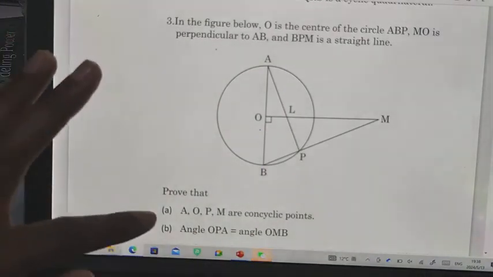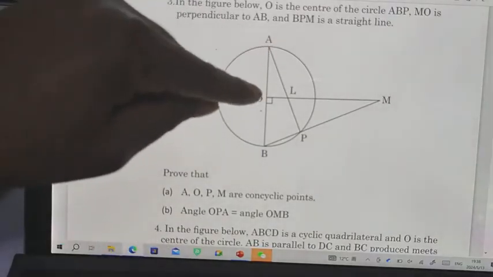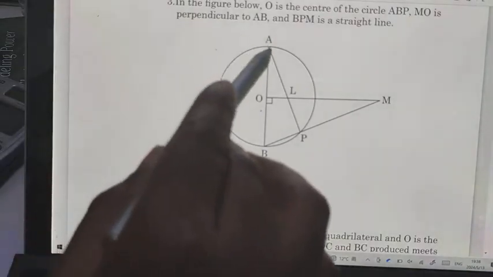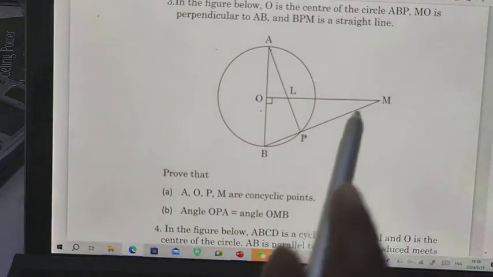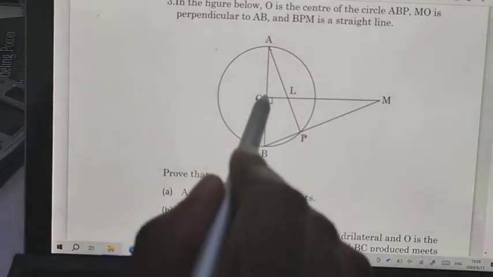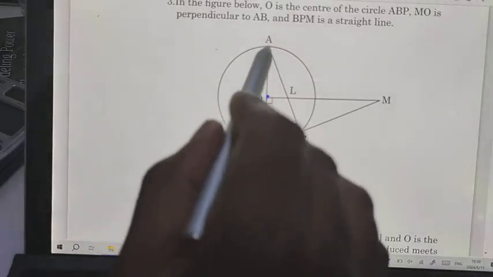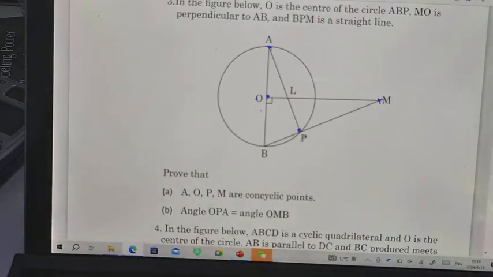So the question is to prove that A, O, P, M are concyclic points. In other words, we have to show that those points are lying on a circumference. That's our duty now.